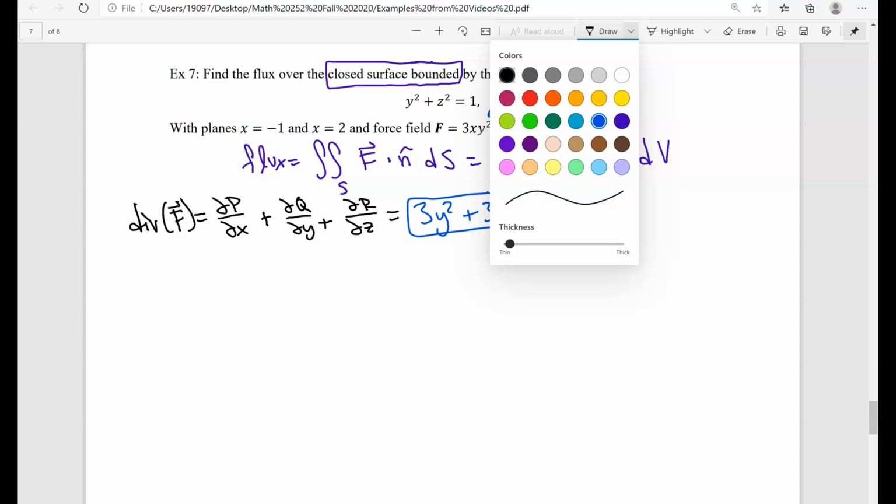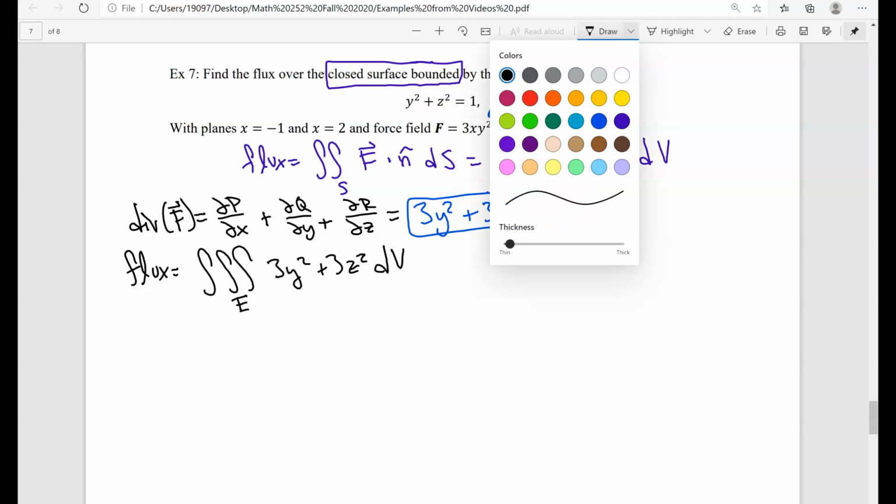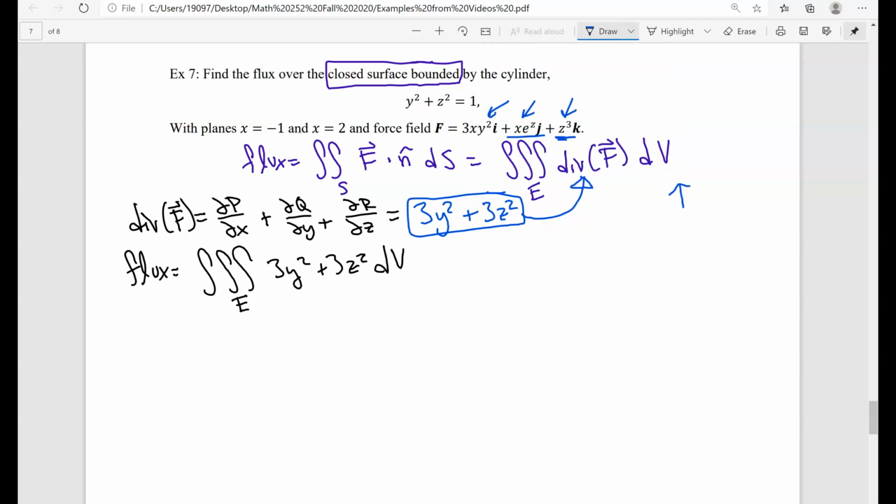So my flux is going to be equal to the triple integral of the divergence, 3y squared plus 3z squared dV, over the region E. Now, what exactly is E? All right, so let's draw it. To figure out what the region E should be, you have your x, your y, and your z.